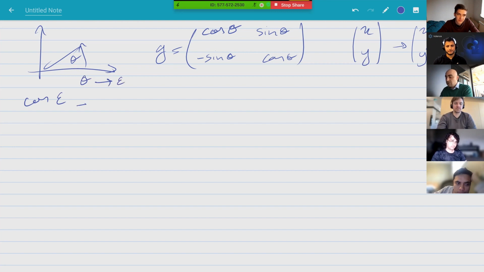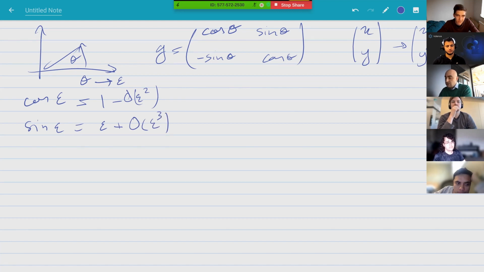Cosine is going to look like 1 minus epsilon squared over 2, so order epsilon squared terms follow. But for sine, you have epsilon itself as the first order, and then order epsilon cubed. If epsilon is infinitesimal, you can neglect all these higher order terms. So what you end up with is G approximately equal to 1, epsilon, minus epsilon, 1.